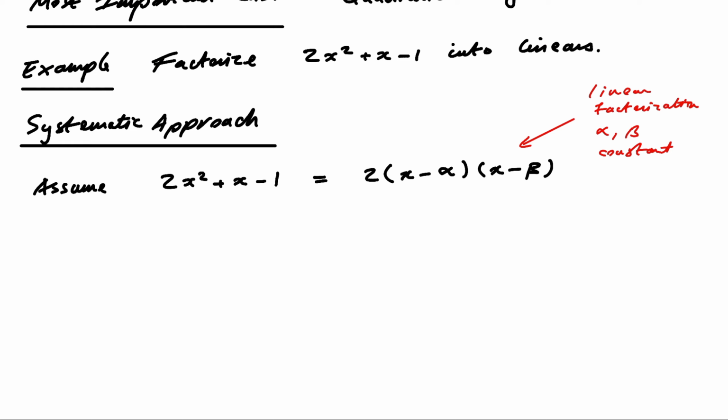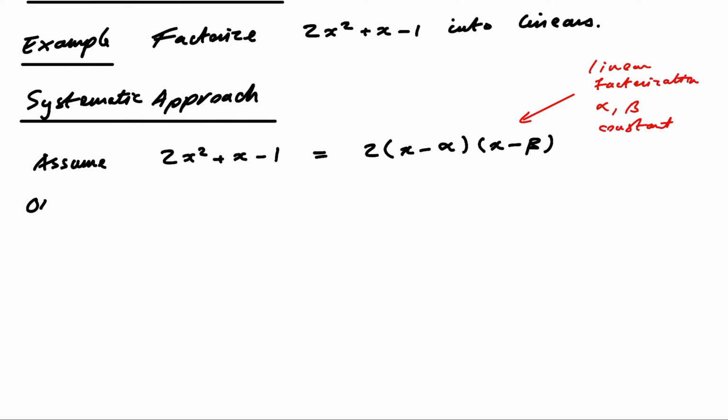Okay, so let's think about some consequences of this. If this did happen, what would be true? So observe. If this is equal to 0, this is, of course, if and only if 2 times x minus alpha times x minus beta is equal to 0.